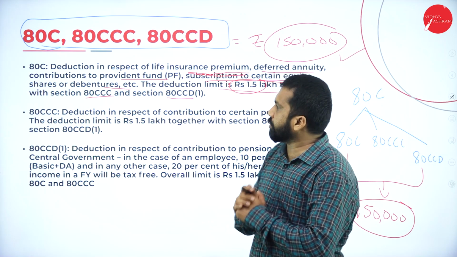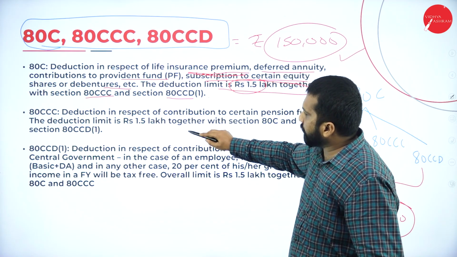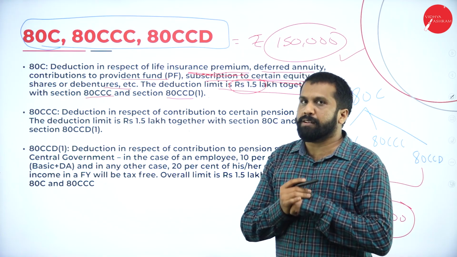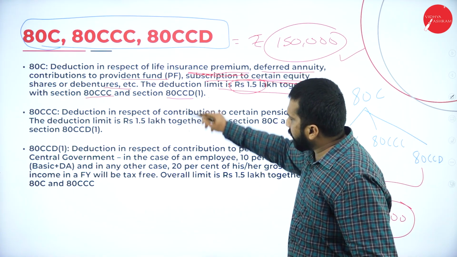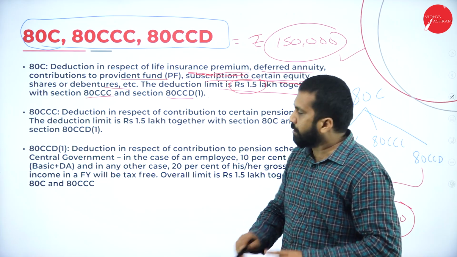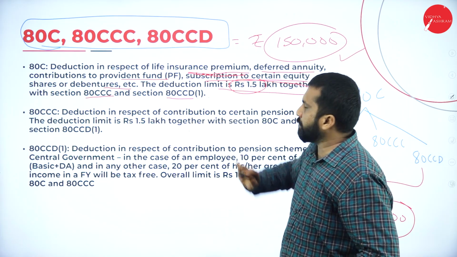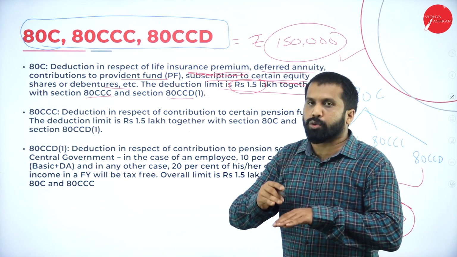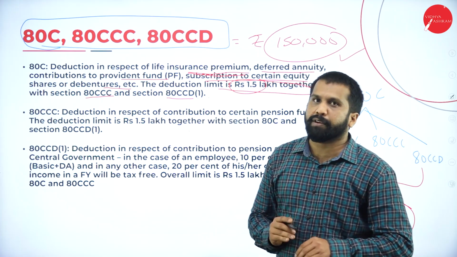Just assume 70,000, 30,000, 50,000 all put together is 1,50,000. Let it be 1,40,000 and from this 10,000. Any combination, but together it should not exceed 1,50,000.